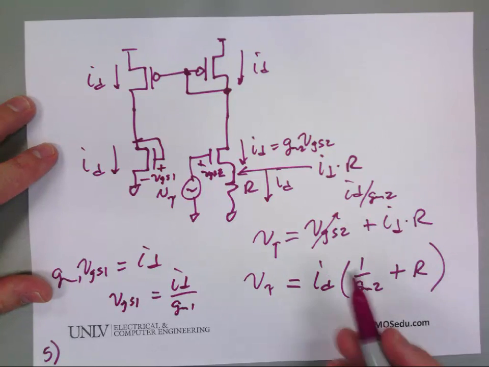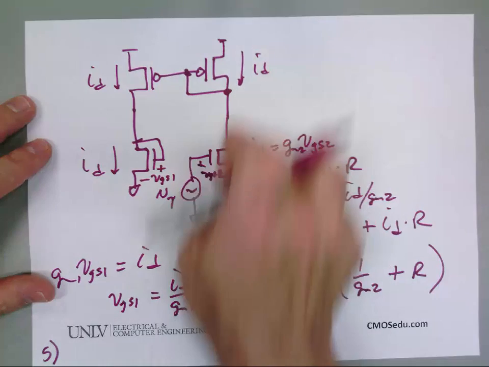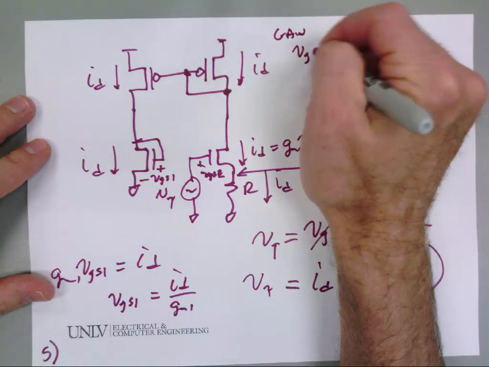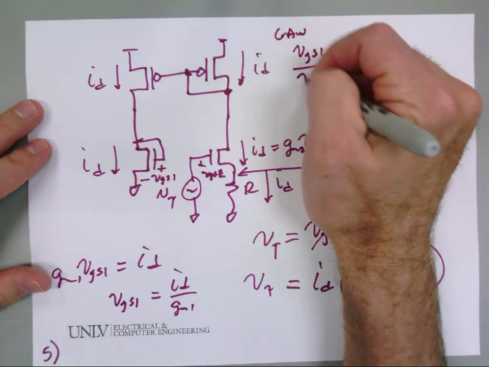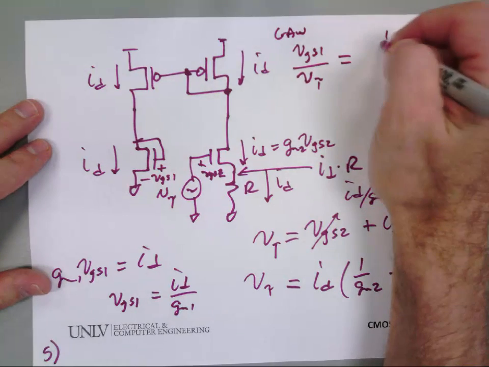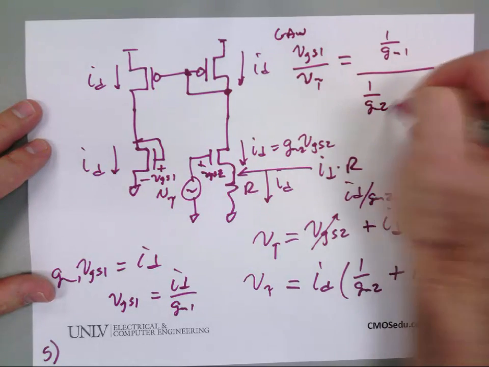Okay, so I'm going to say this is my input and this is my output. I'm going to write the gain as VGS1 over VTest. Would everybody agree that is (1 over gm1) divided by (1 over gm2 plus R)?